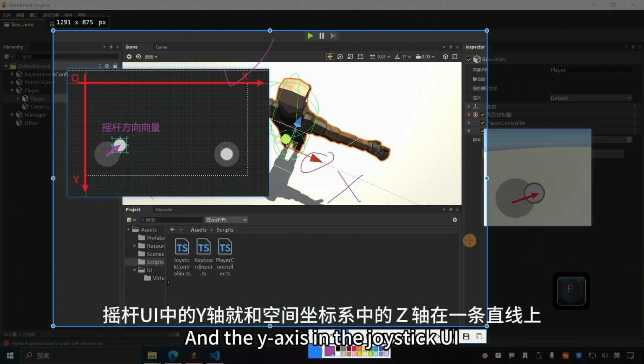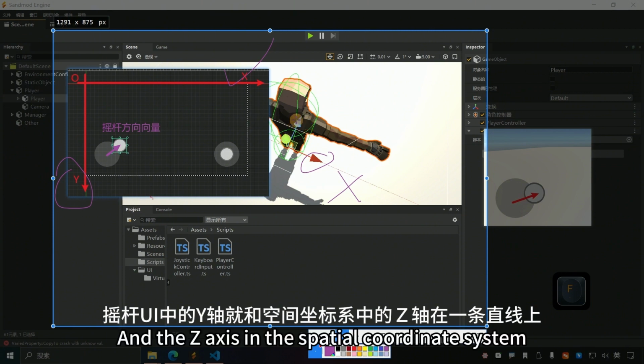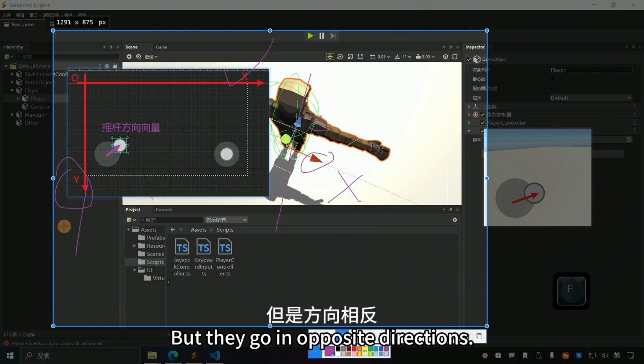And the y-axis in the joystick UI, the green axis here, and the z-axis in the spatial coordinate system should be on the same straight line, but they go in opposite directions.